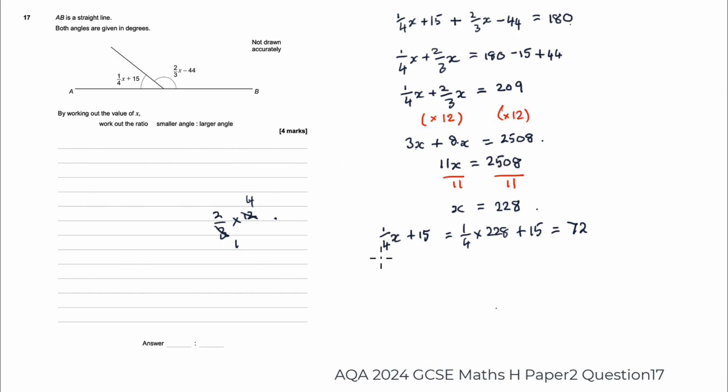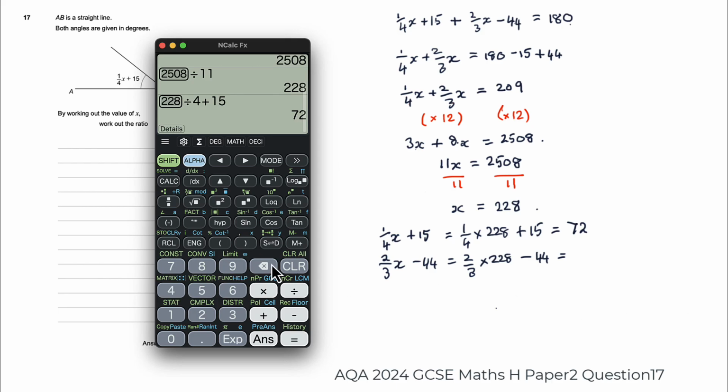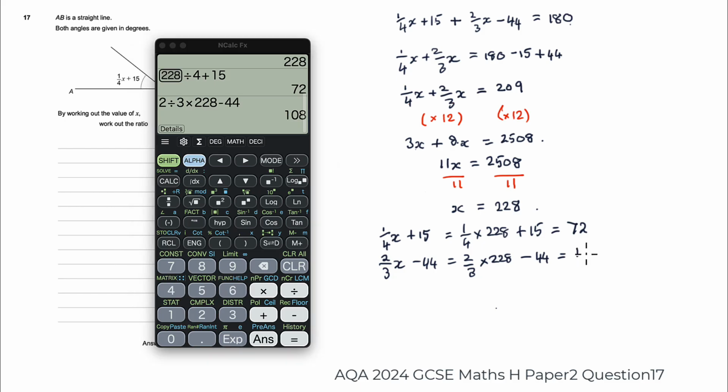Then the larger of the two angles is 2/3 x minus 44. So that's 2/3 of 228 minus 44. So we take 2 divided by 3 times 228 and then subtract 44. 108 for that one.